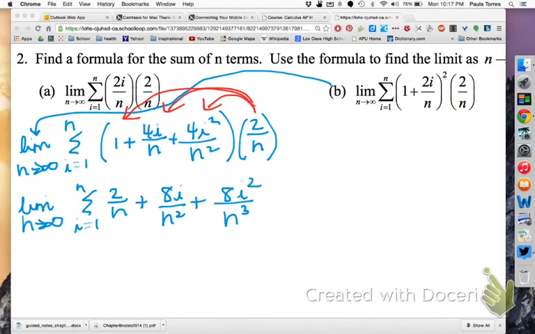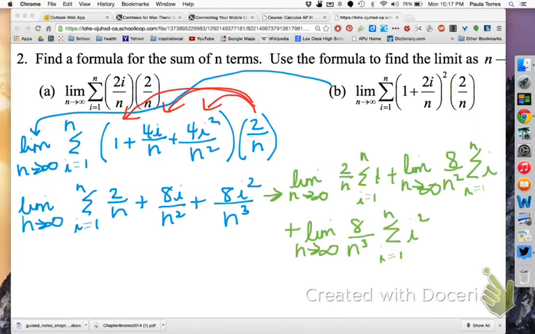So make sure you have this first piece. First I FOILed and then I distributed. And now I can split the 3 individual terms and pull everything out that's not an i in each term. So make sure you wrote limit for each term, you wrote sigma for each term, and you pulled the coefficients to the front of each sigma.